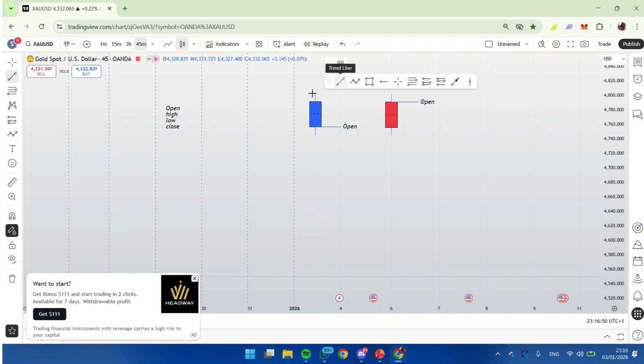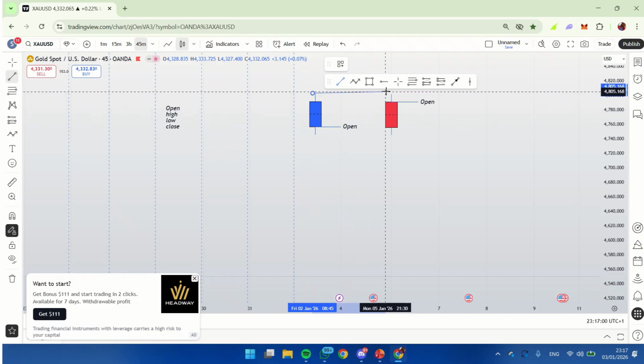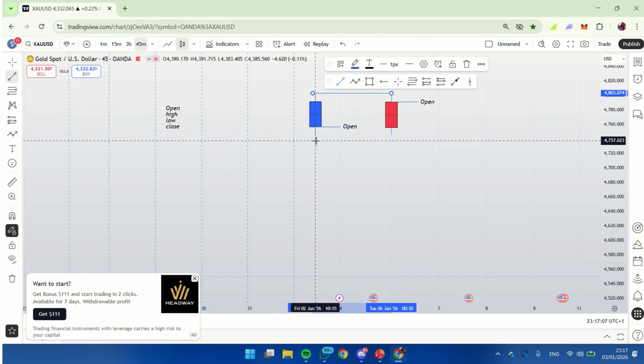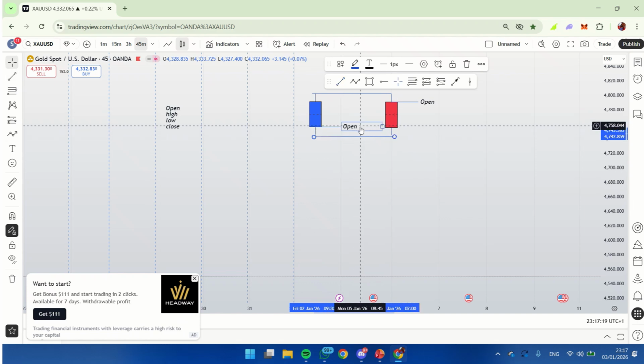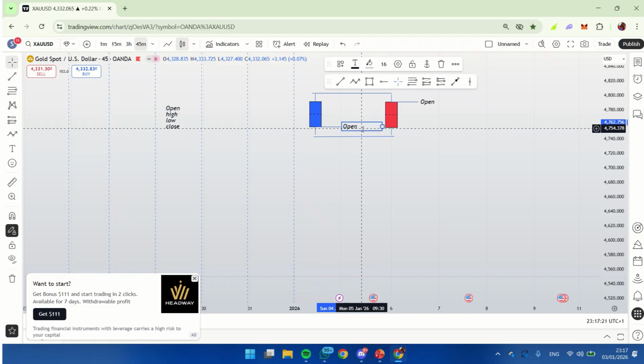I don't know why this thing is lagging. Is it a network issue? This is high. This is low. And the close will differ. So this one is going to differ.